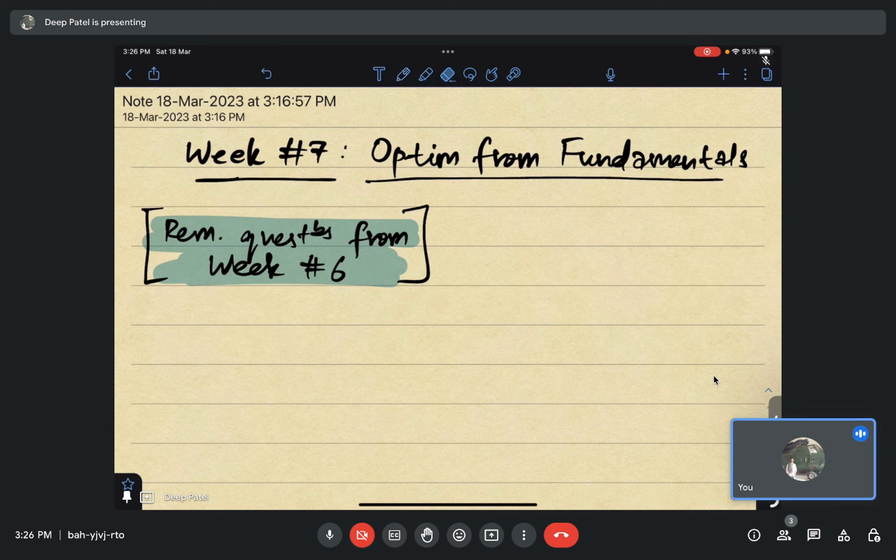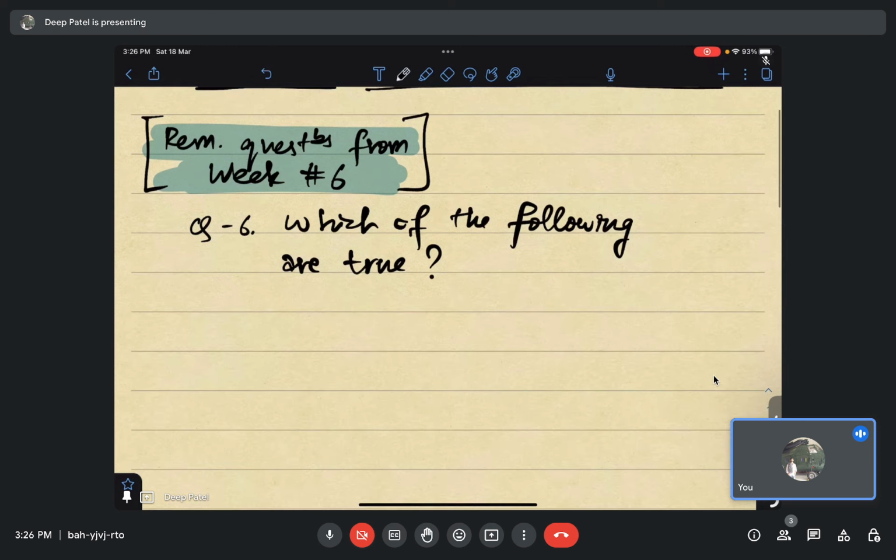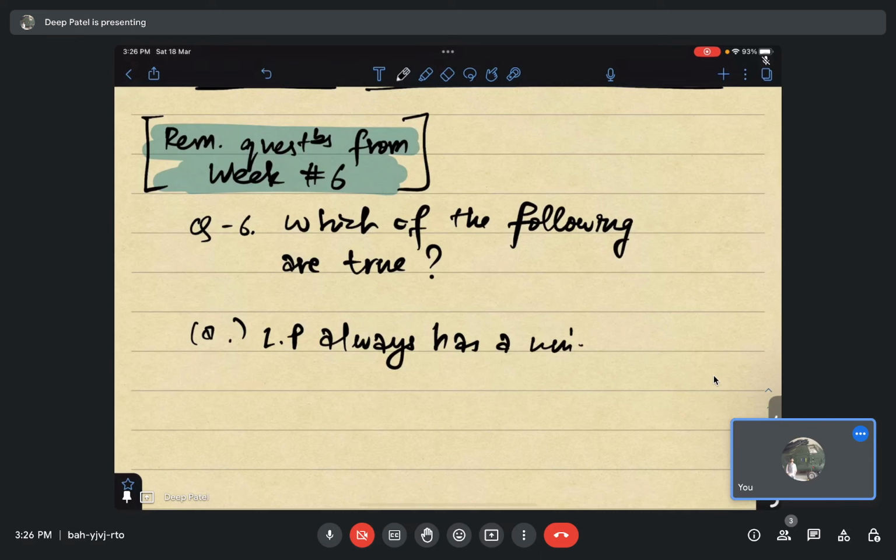Okay, so question 6 asks which of the following are true. The options are as follows. An LP always has a unique solution. Is this true?